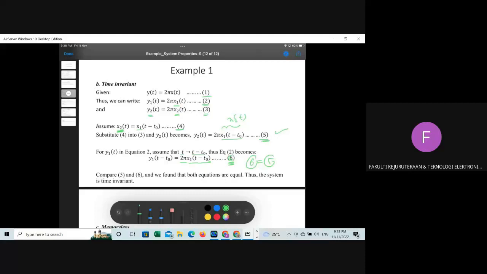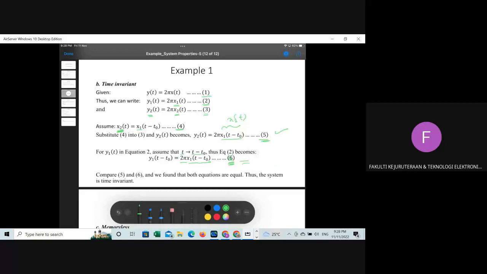In this case, I give you an example of time invariant. Some systems might have these not equal. When equation 6 is not equal to equation 5, the system is not time invariant. But in this case, 6 equals 5, so the system is time invariant.